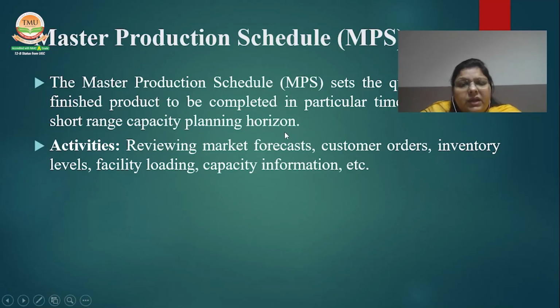Here we take the short-range capacity and have to reach the maximum finished goods in a particular time period. That is called the master production schedule, MPS. The activities involved include reviewing market forecast, customer orders, inventory levels, facility loading and capacity information, etc.